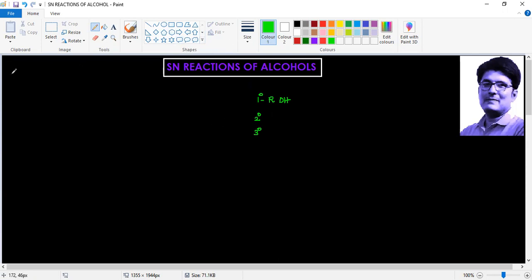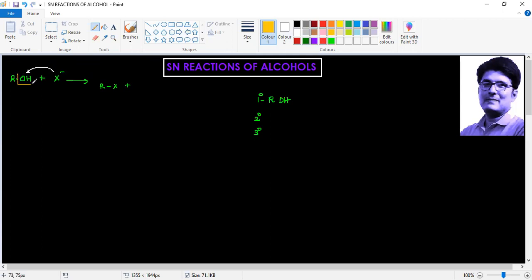Before we start, I would like to write one reaction: when an alcohol reacts with X minus, where X minus acts as the nucleophile. The OH minus should be replaced by X, giving RX.